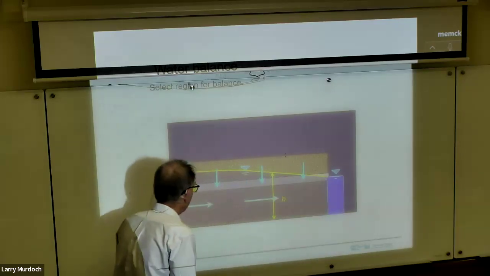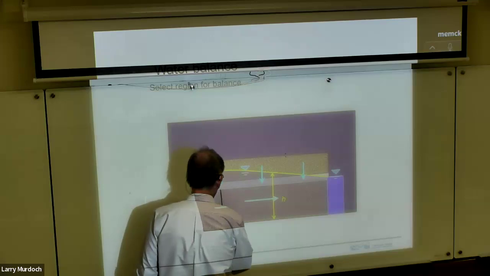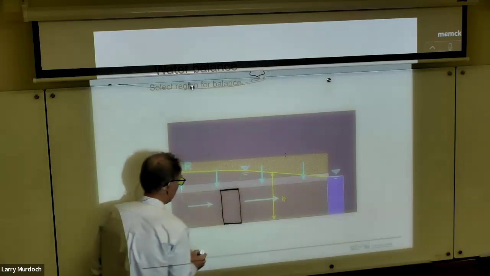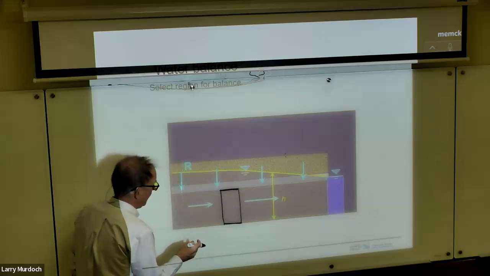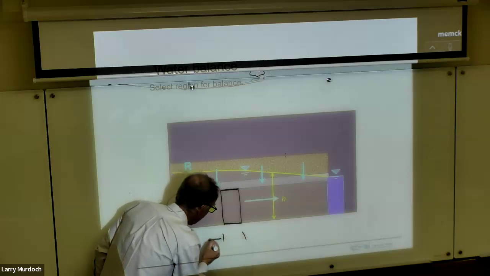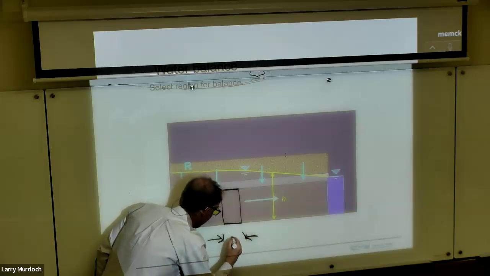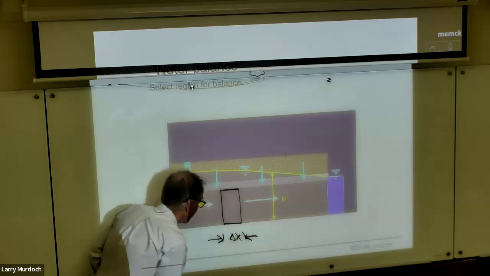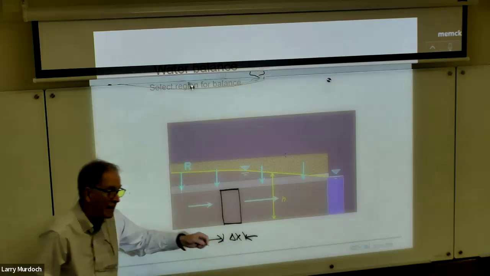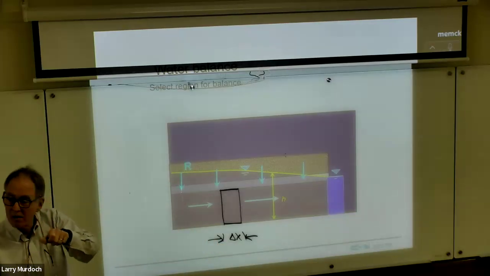And so what we do is we use a control volume that's smaller, like this, and call the width here just the delta X. And this is the delta X like the kind that we have in calculus, so we can shrink it down.